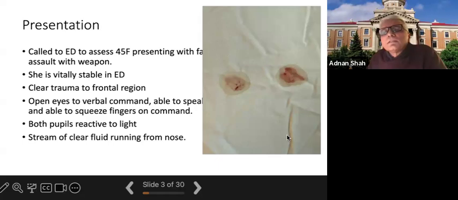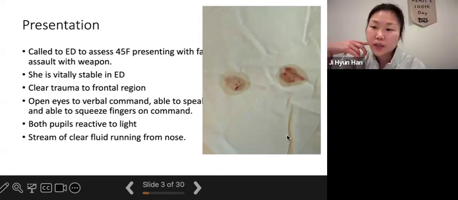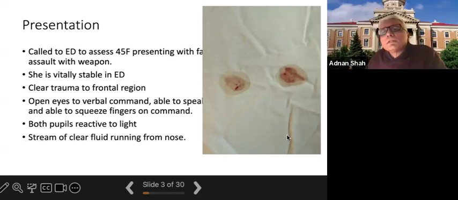It is also known as tramline sign. And then you can also do blood testing, so beta transferrin, as well as you can assess the content, like you mentioned, for levels of protein and glucose. Can you elaborate a little bit more on the contents?